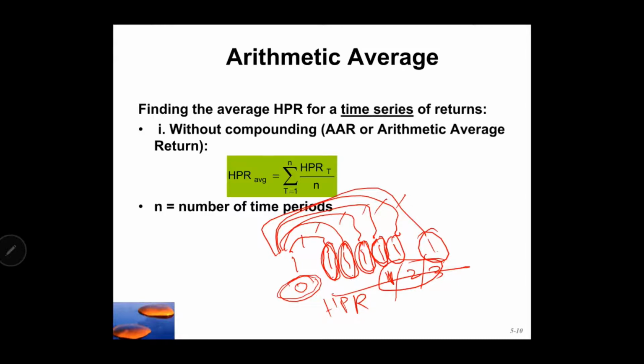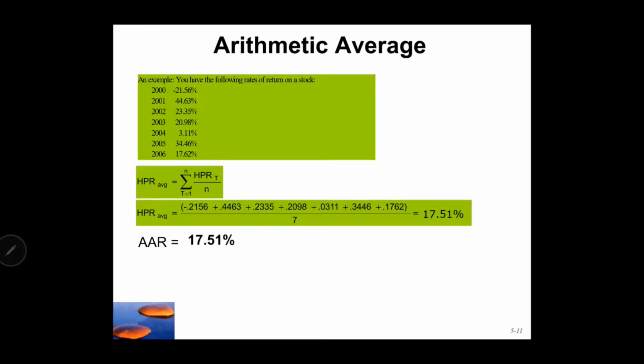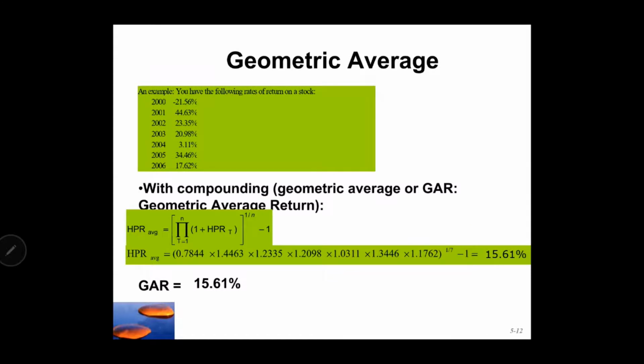But there are two considerations, as we said in the beginning. It could be the arithmetic average or it could be the geometric average. This is the example of how we do this. We add all these HPR returns and then divide by the number of years, so you get this arithmetic average.